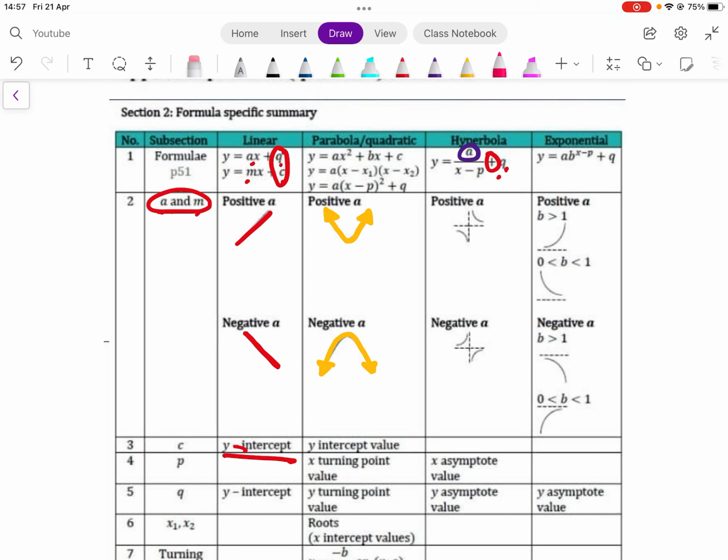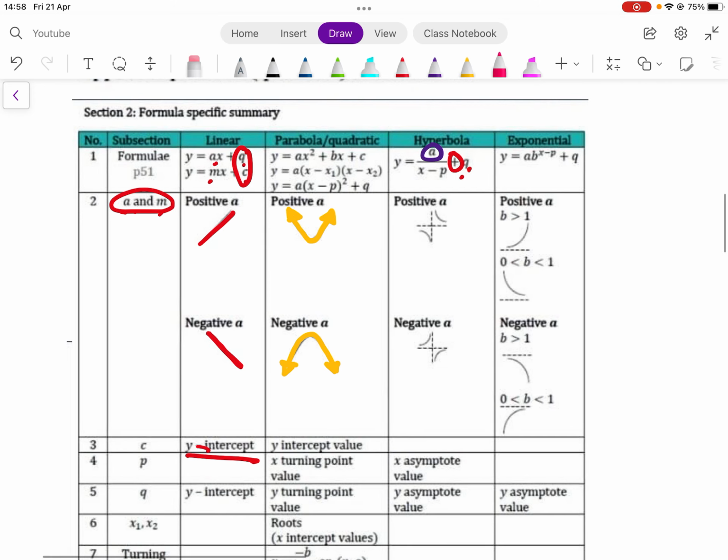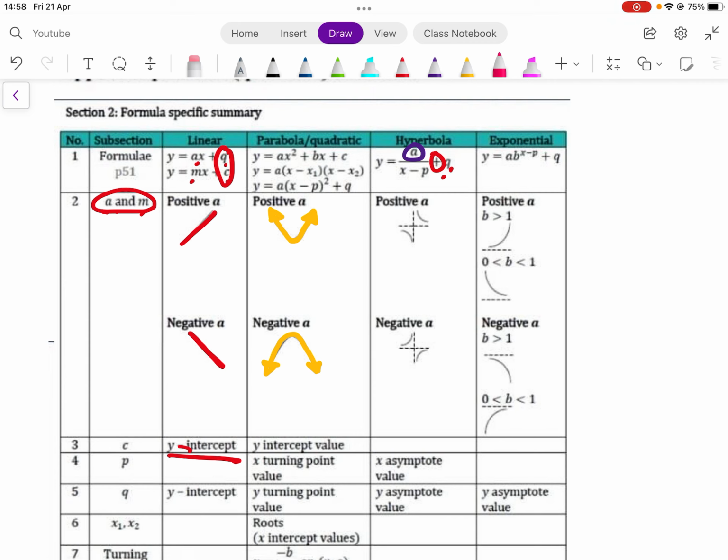Exponential functions, okay, maybe that's where you have quite a number of shapes to remember, but it's not that complicated to remember them nonetheless. So this is the equation, as you can see. So plus q basically means you're moving, in this case q is not, what?